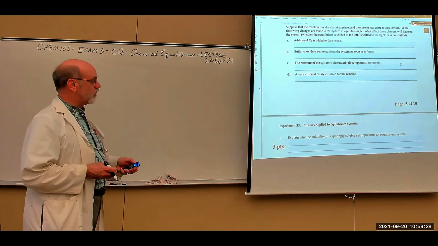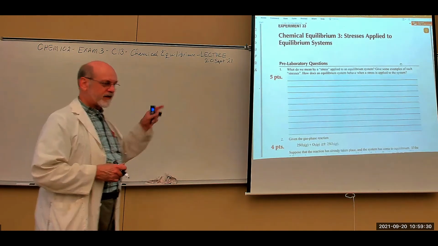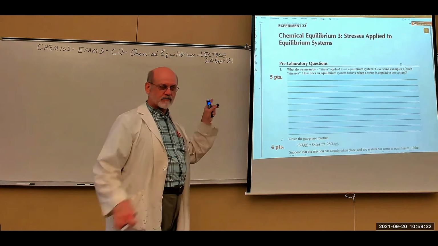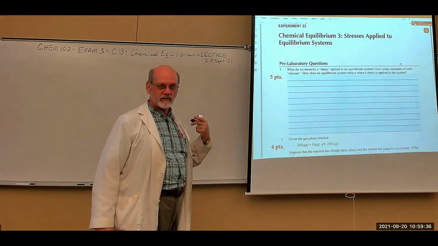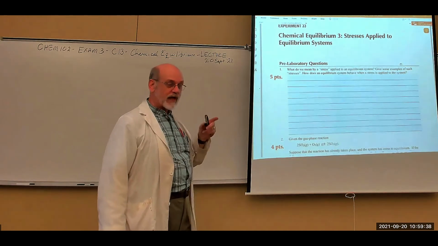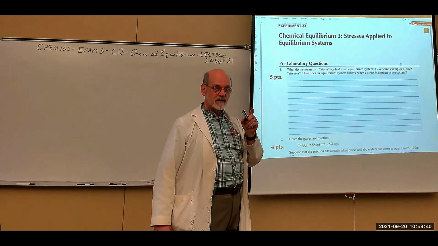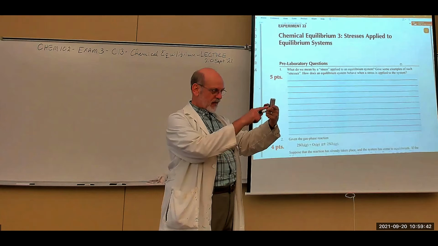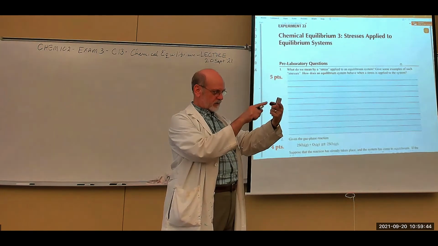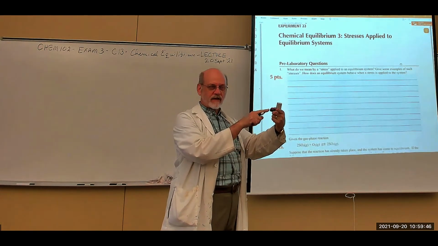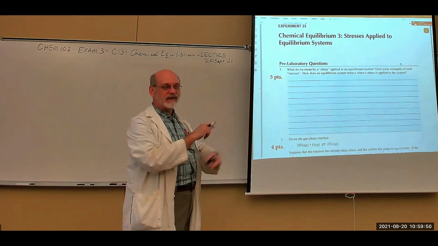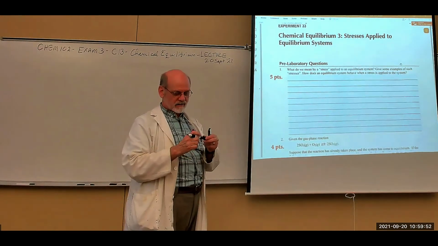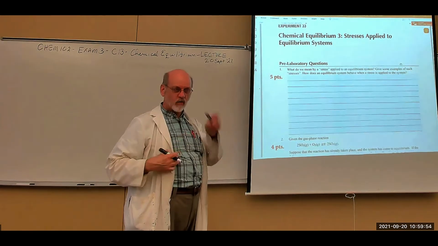Now that brings up another point. When you describe things that are happening in this reaction, if you say shifts to the left, shifts to the right, if you don't have a balanced equation in front of you that you apply shift to the left or the right, then those words mean nothing. Shift to the left or right could mean anything without the equation to go with it.